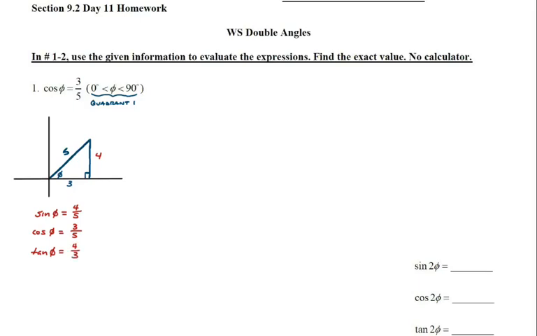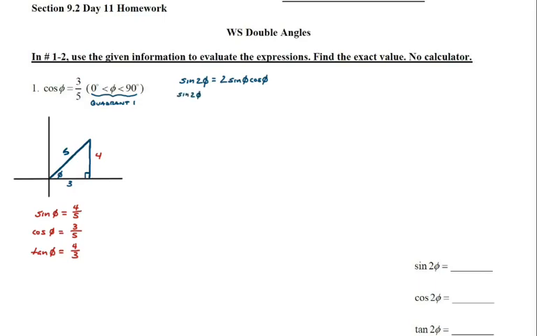So now that I have those 3 values for sine, cosine, tangent, I'm going to work through each of my double angle identities. So sine of 2 phi would be 2 sine of phi cosine of phi. And the way I think about this problem is, I'm obviously asked for sine of 2 phi. So when I see 2 sine of phi cosine of phi, I really think of those as empty sets of parentheses.